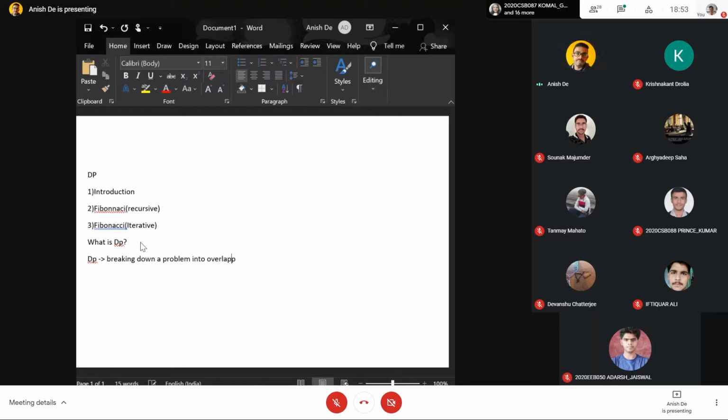For example, if we have to find the ith Fibonacci number, what we have to find first is the I minus 1th Fibonacci number and the I minus second Fibonacci number, because the ith Fibonacci number is nothing but the sum of the I minus 1 and I minus 2 Fibonacci numbers.